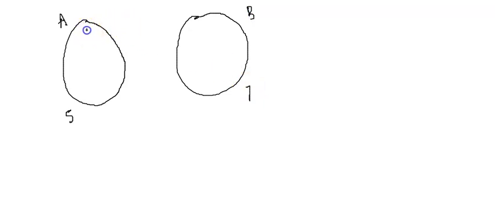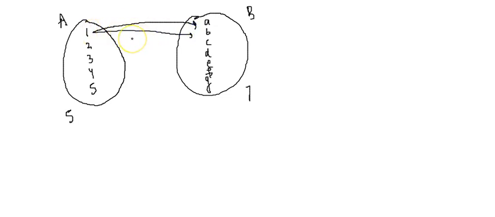Now we can say 1, 2, 3, 4, 5 and here A, B, C, D, E, F and G. Now we have to calculate the total number of one-one functions. For one-one function, 1 can have any image. It can be A, B, C, D, any one image. And then 2 can have any other image.